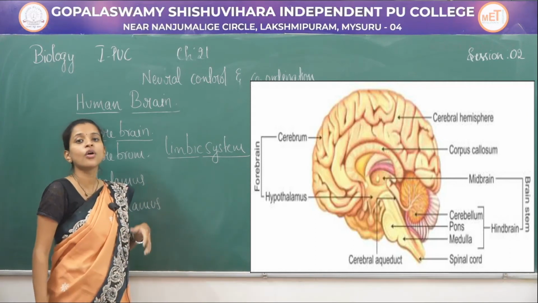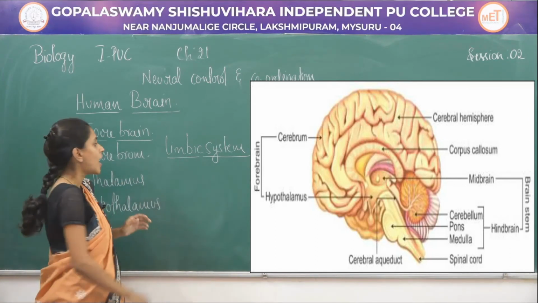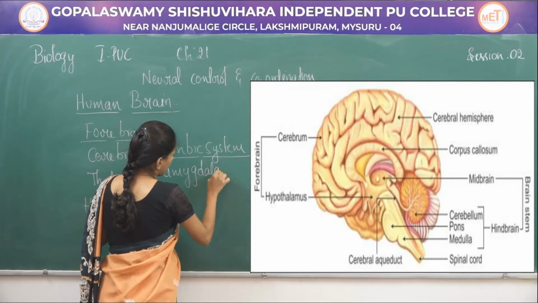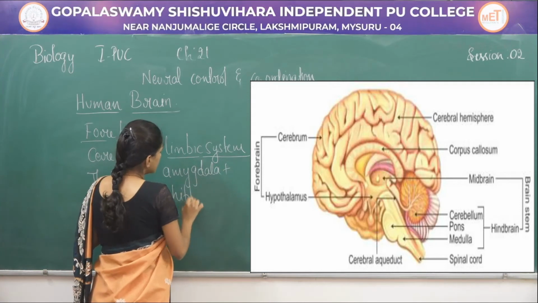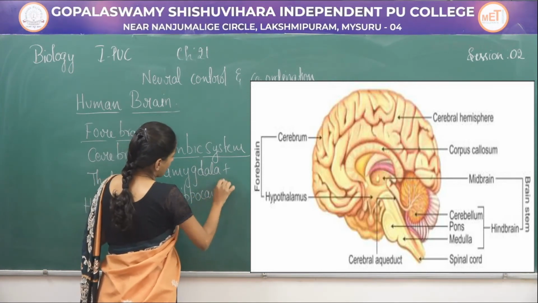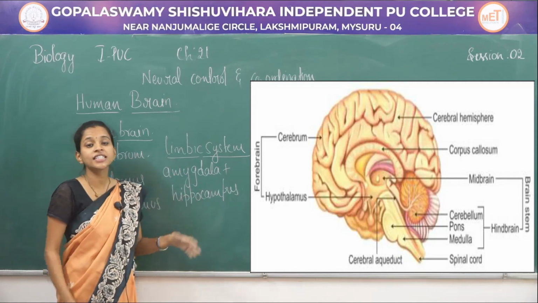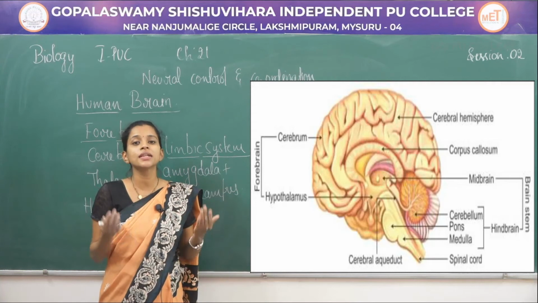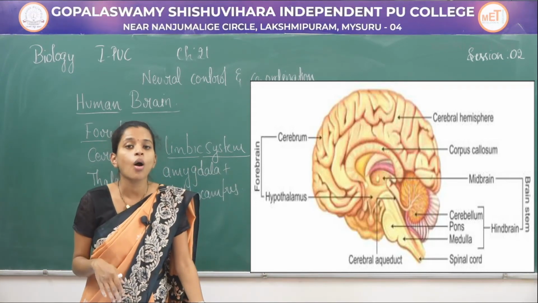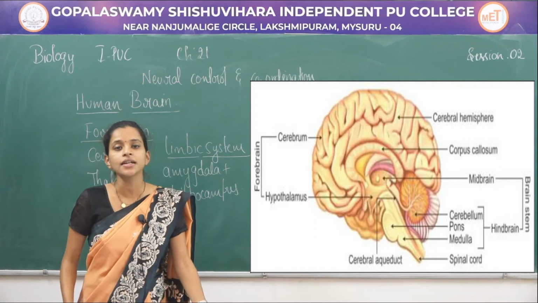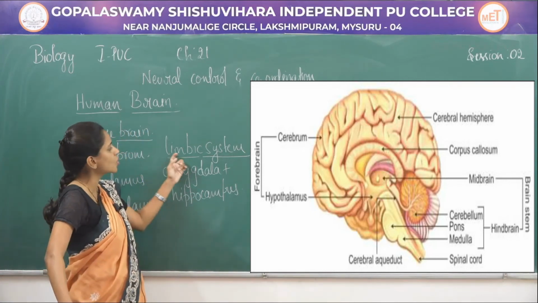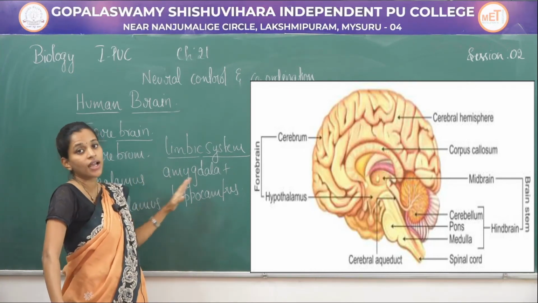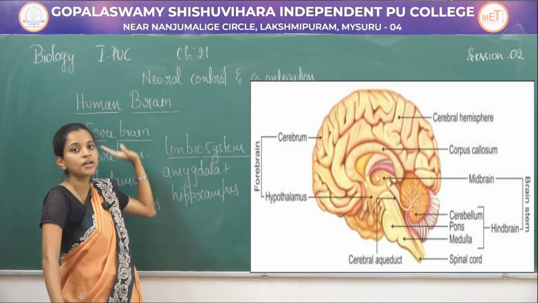This is formed by the combination of amygdala and hippocampus, which regulates sexual behavior, controls the emotions, helps in overcoming stress, and also helps in motivating the individual. So, all this is controlled by the limbic system, which is formed by the association of amygdala and hippocampus, which is again present in the forebrain.